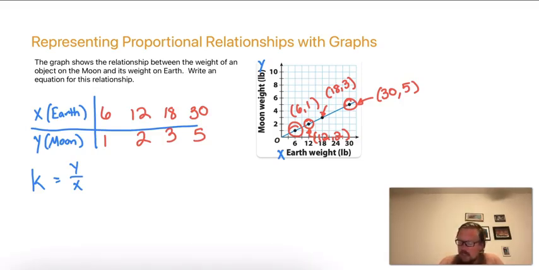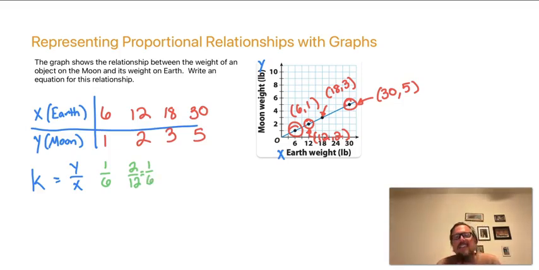So our first set that we have here, where we've got 6 for Earth and 1 for the moon, or an x of 6 and a y of 1. If we do y over x, that will be 1 over 6. Okay, y over x is 1 over 6. Next, we've got 2 over 12, and 2 over 12 will reduce to 1 over 6.